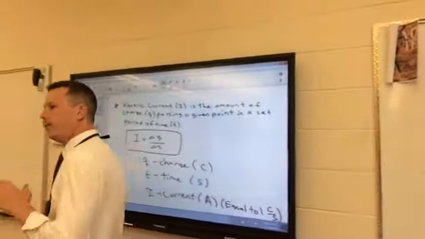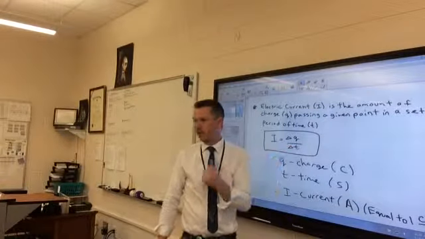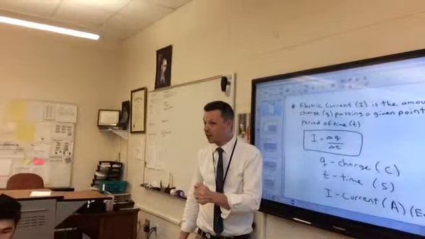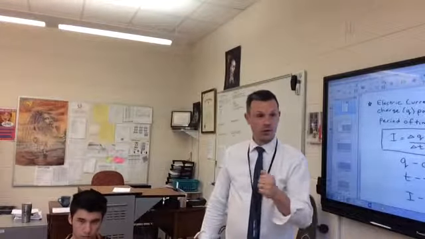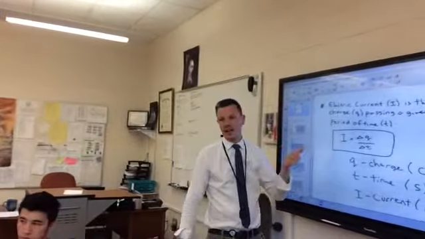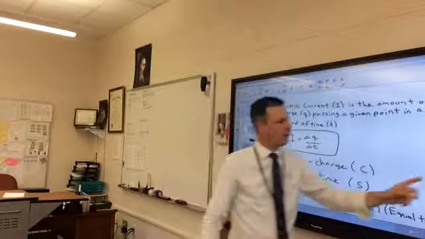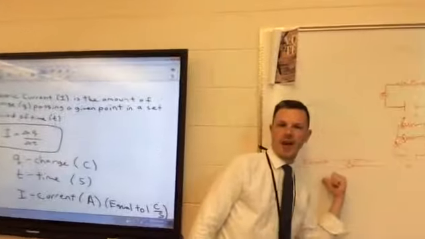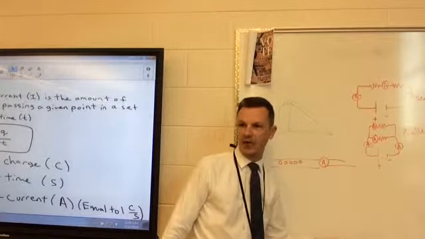Now remember, we've done a few problems that deal with current. The formula for current is I equals Q over T. Q stands for charge. Good. It's measured in coulombs. Good. T stands for time. And so really this is just a measurement of how many electrons are passing a given point in the circuit at any given point in time.